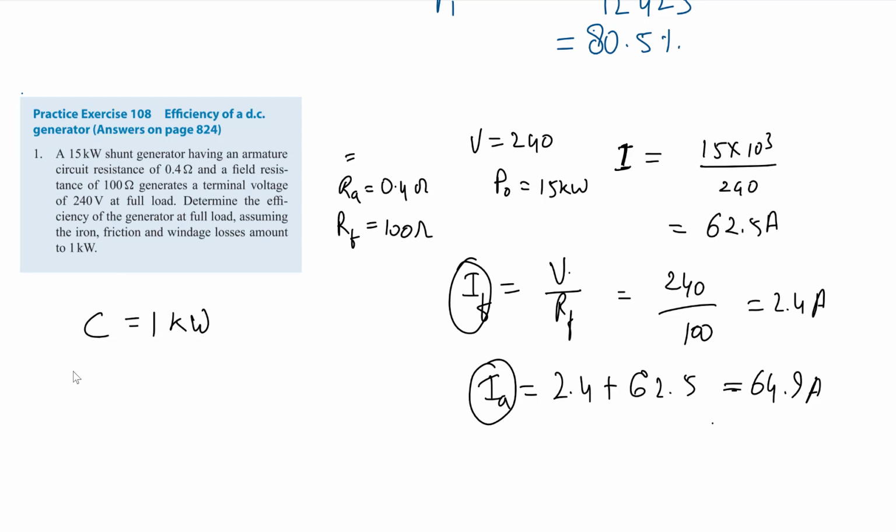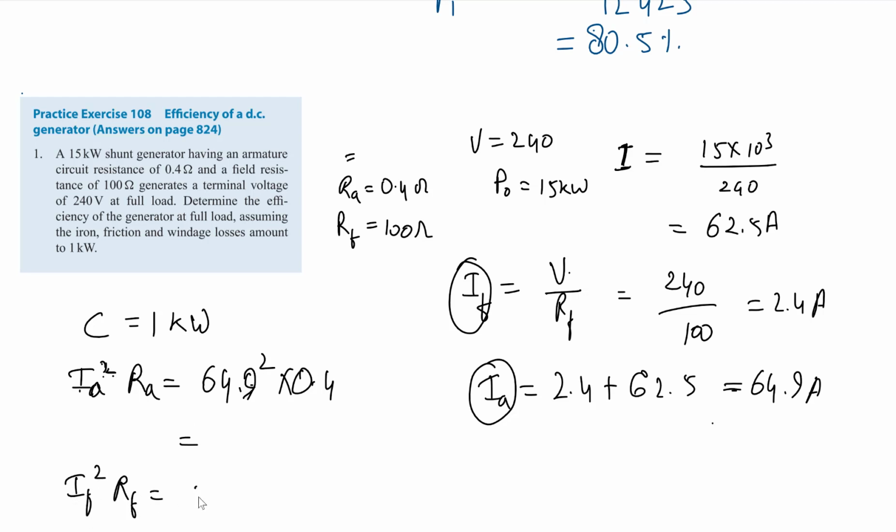And the losses in the armature winding are IA square into RA, where IA is almost 64.9, square, into RA, which is 0.4. So we'll calculate this. Then IF square into RF is 2.4 square into 100.